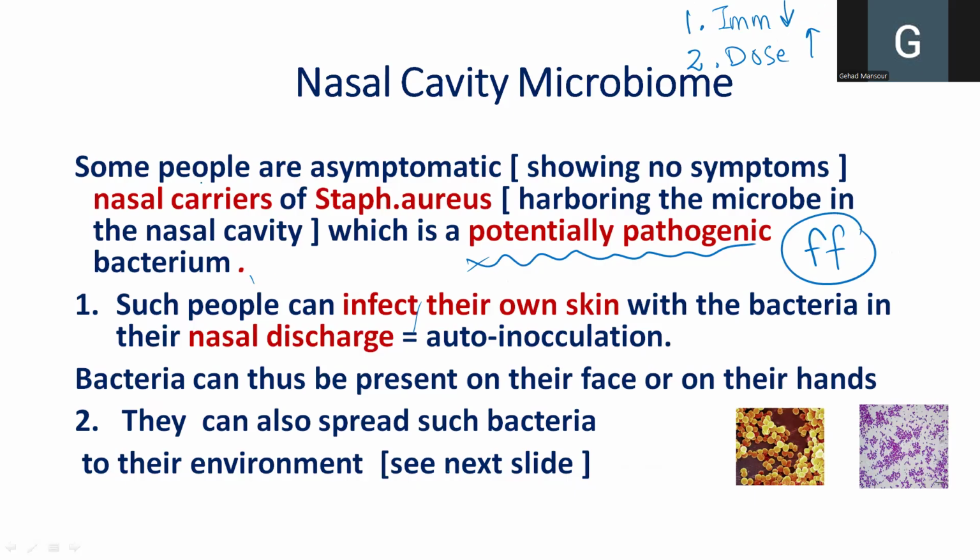The second question, other than to define an asymptomatic nasal carrier, is to mention the risk of those nasal carriers on themselves and on the community. On themselves, they infect their own skin when they cough or sneeze, and their saliva or nasal discharge descends or settles on an infected skin, then they might infect themselves.